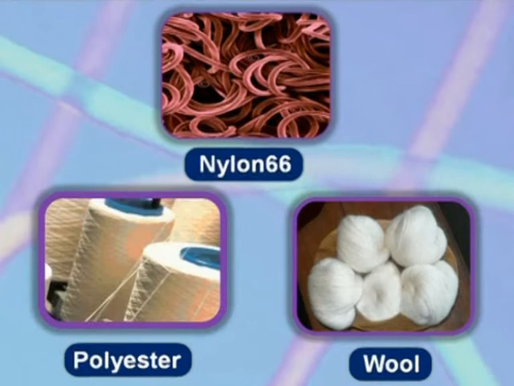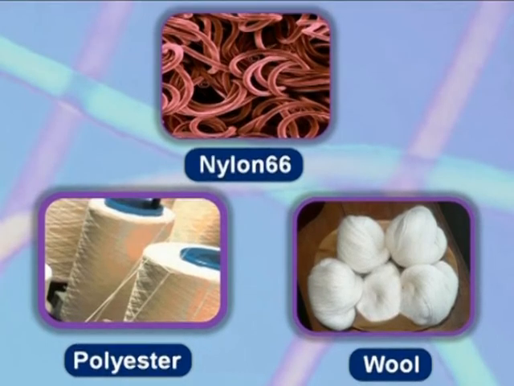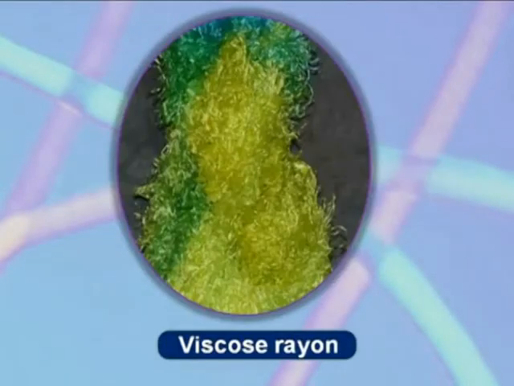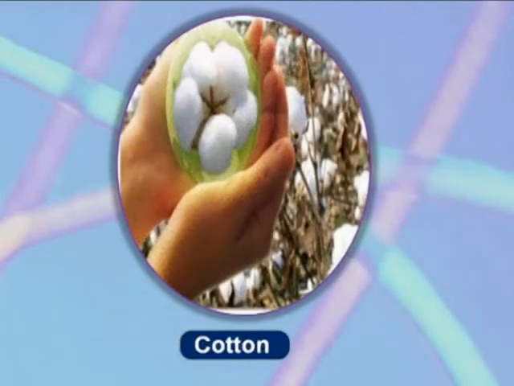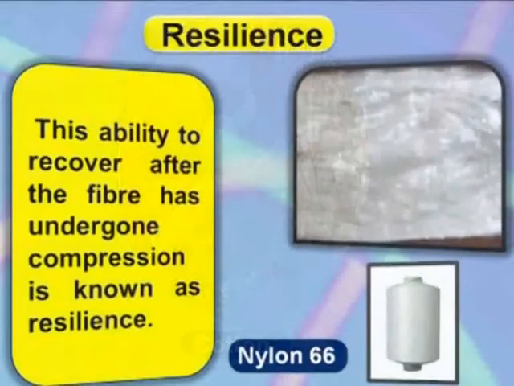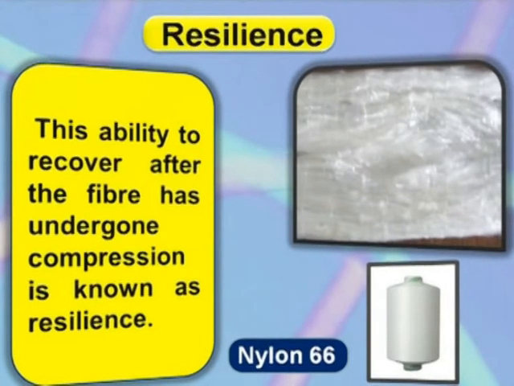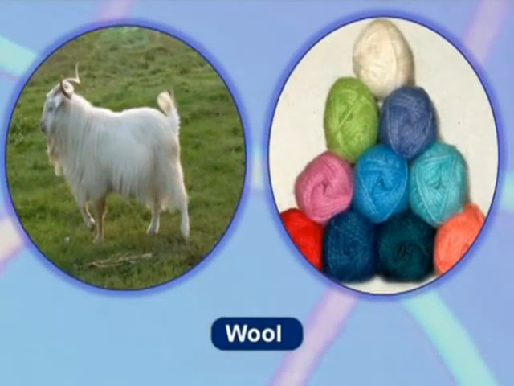Nylon 66, wool and polyester fibers show good elastic recovery even while undergoing quite large extensions. Silk, viscose rayon and cotton show poor recovery. Resilience. This ability to recover after the fiber has undergone compression is known as resilience. Nylon 66 and wool possess high resilience.